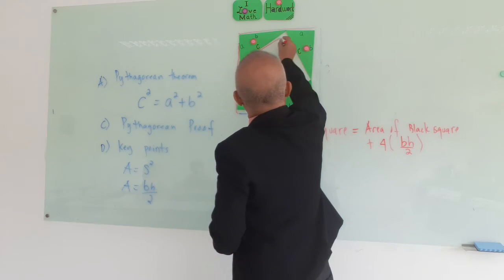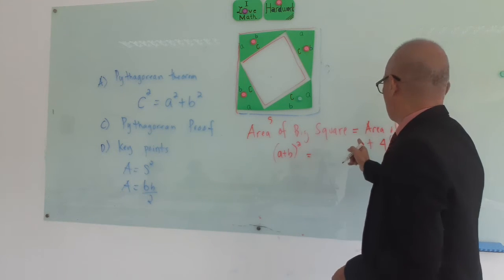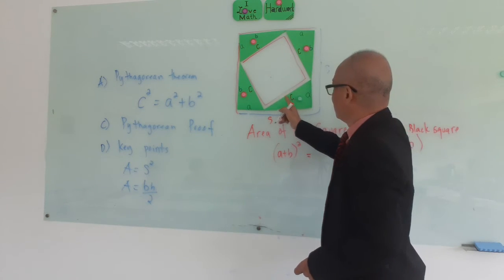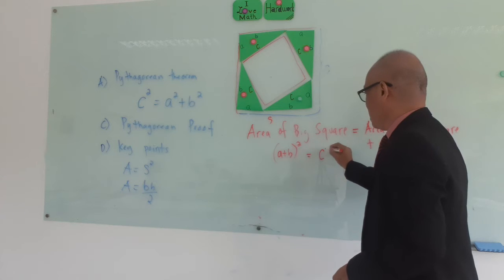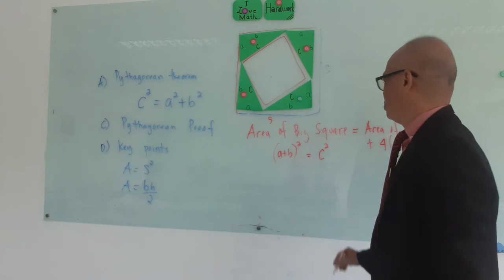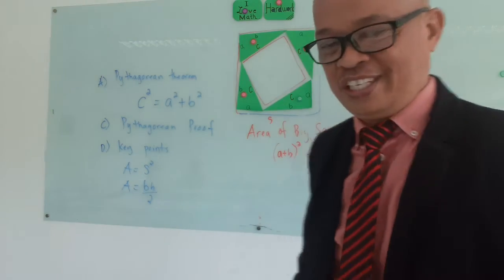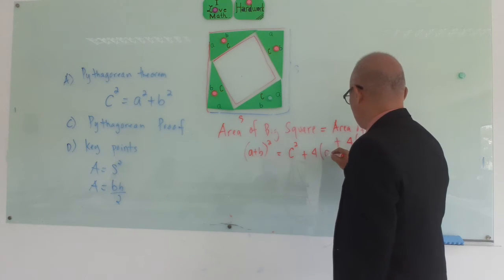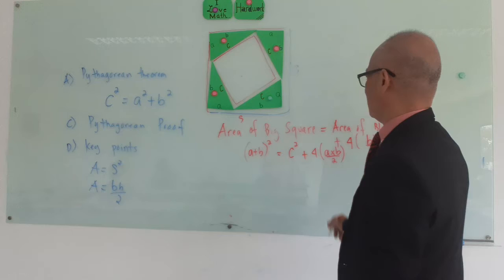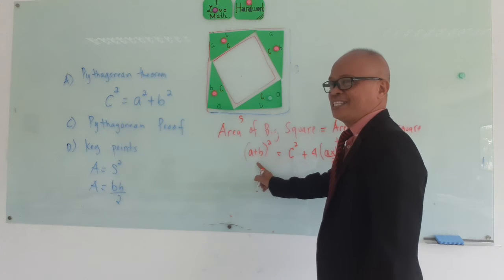The area of the small square is C power 2, plus the area of the 4 triangles: 4 times A times B divided by 2. So this is our equation. I hope you follow.